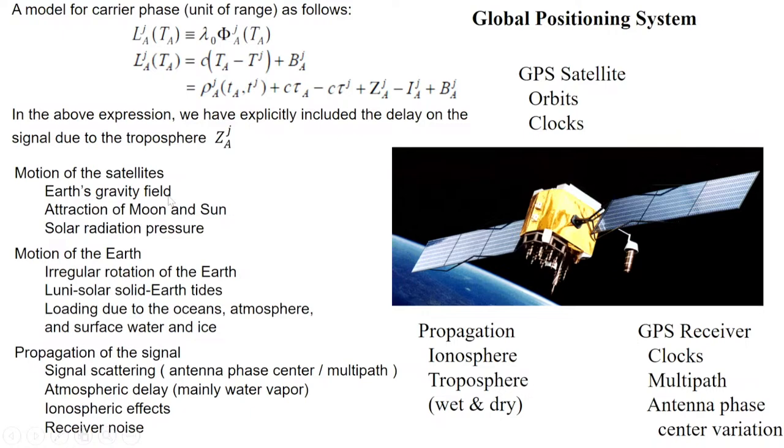so it is affecting the motion of the satellite, attraction of moon and sun, and then solar radiation pressure, then motion of the earth also brings ambiguity in the data, like irregular rotation of the earth, luni-solar earth tides, then loading due to atmosphere and oceans, and surface water and ice, and then propagation of the signal also needs to be modeled, like signal scattering, atmospheric delay, ionospheric effect, receiver noise.